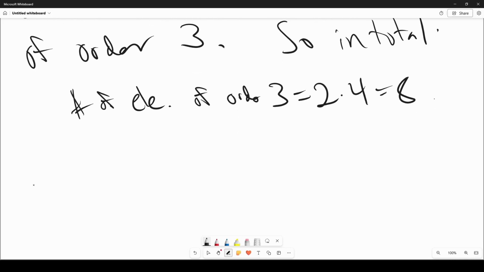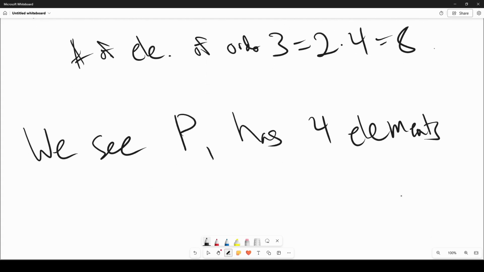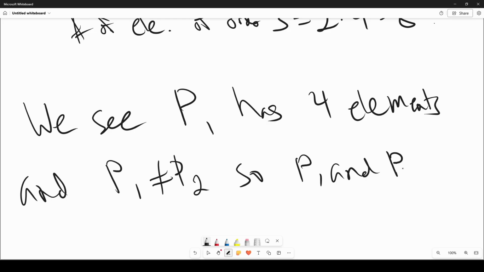So we see that P1 has 4 elements, and I get that P1 and P2 are distinct. So P1 and P2 together have to have at least 5 distinct elements.